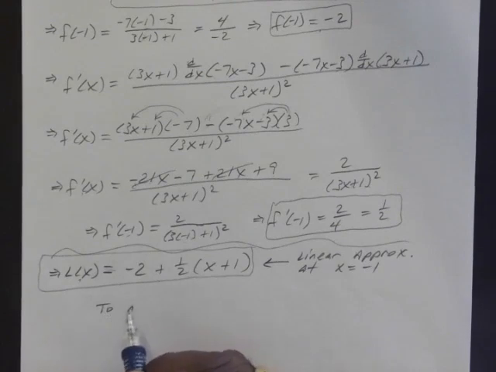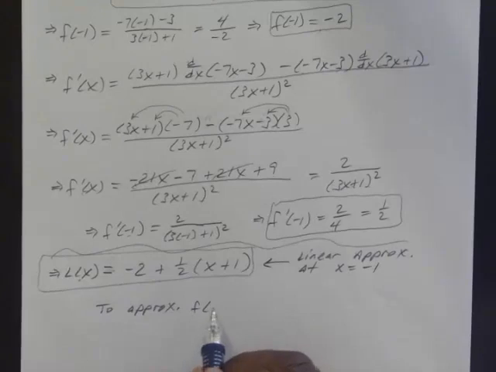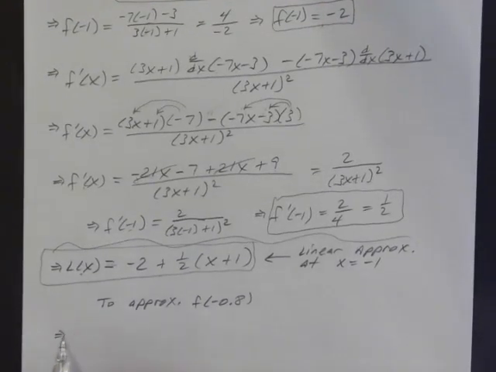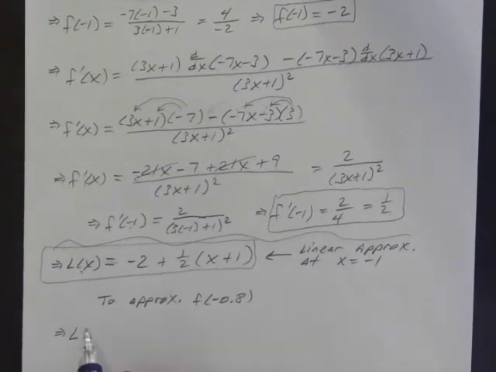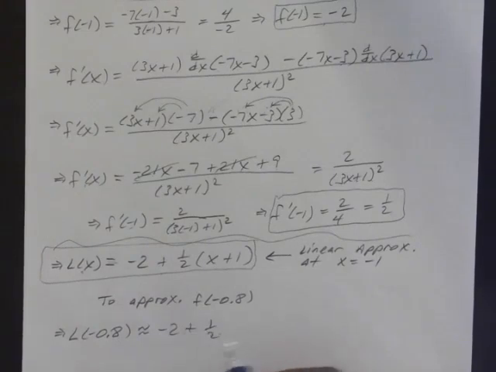So to approximate f of -0.8, we just have the linear approximation of -0.8 approximately equal to -2 plus 1/2 times -0.8 plus 1.